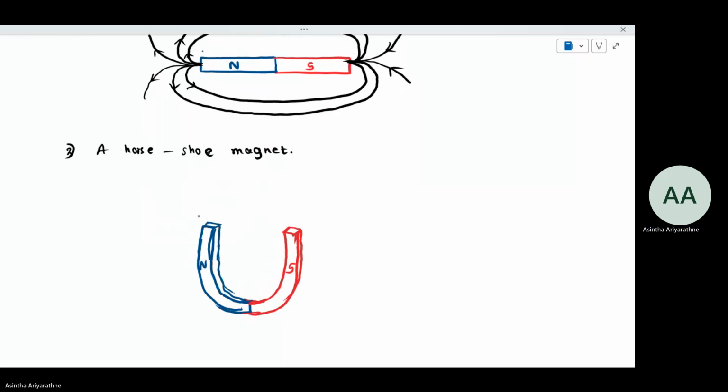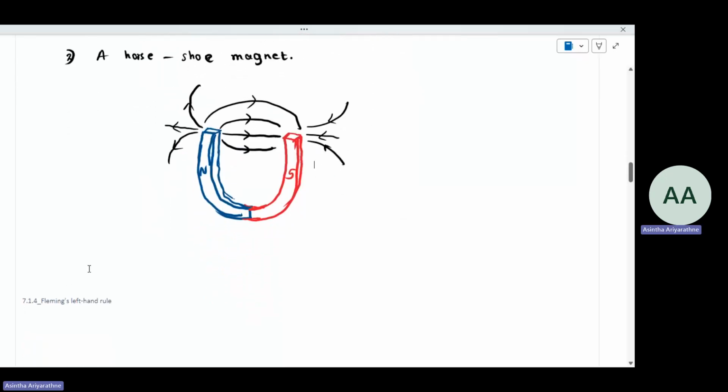The magnetic field distribution would be like this, so north to south. So this is the horseshoe magnet.